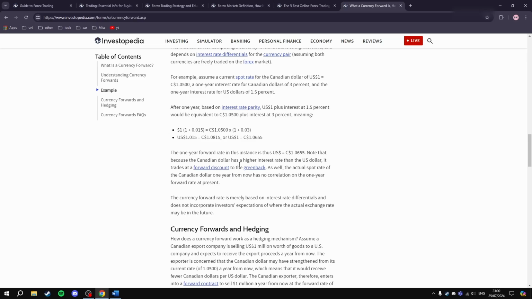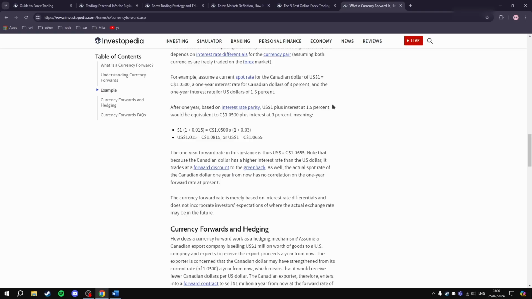Simplify that, 1 USD is equal to 1.0655 CAD. The 1 year forward rate in this instance is thus 1 USD equals 1.0655 CAD. Note that because the CAD has a higher interest rate than the USD, it trades at a forward discount to the greenback.